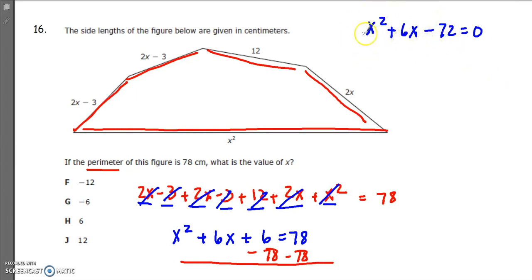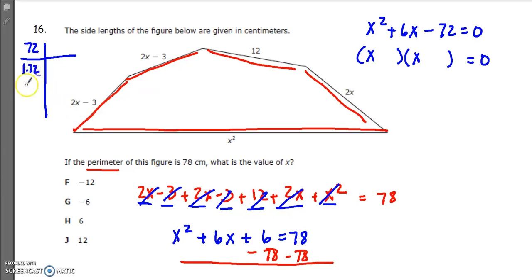So it's a trinomial with no lead, so I know I can put my two sets of parentheses. I know I have my x and my x. I need to factor the number 72, so let me see if I can squeeze it in over here. So I've got 72. I have 1 times 72 and 2 times 36 and 3 times 24, and 4 won't go, I don't think.